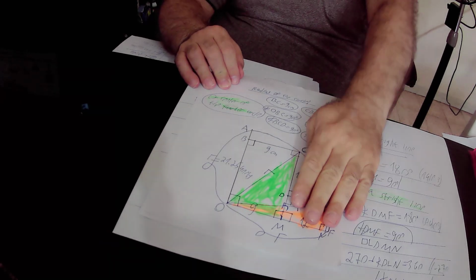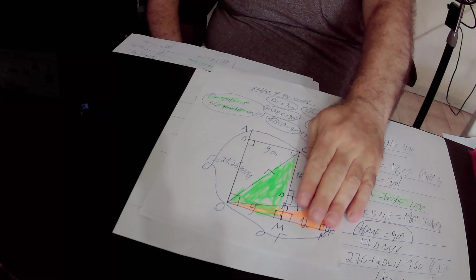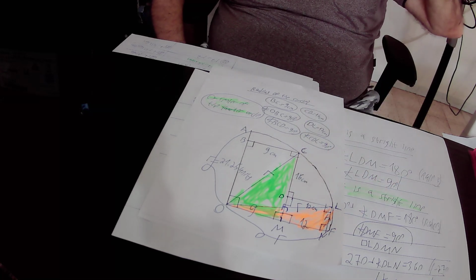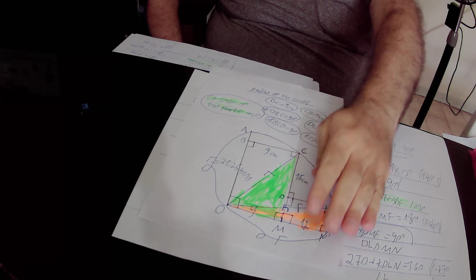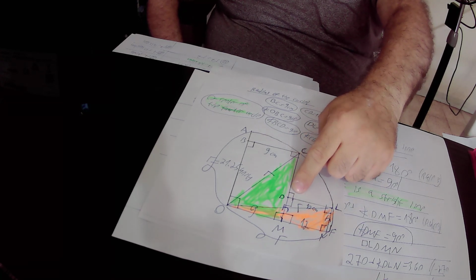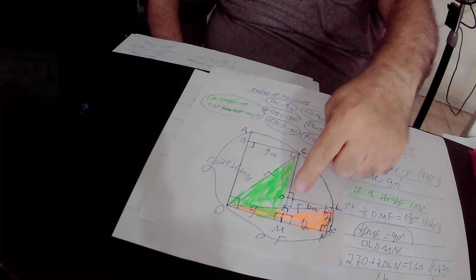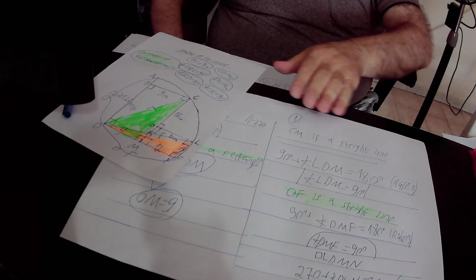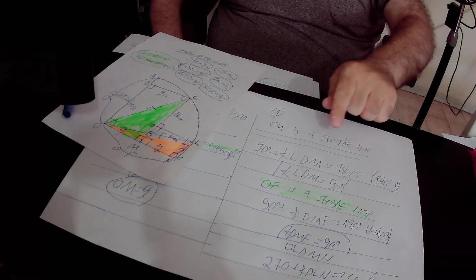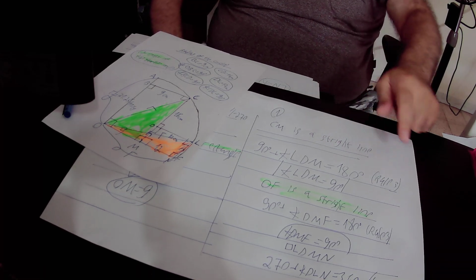So if you focus on this side of the straight line CM at point D, here the sum of the angles must be equal to 180 degrees according to rule number 3. So which angles do we have at this side of CM at point D? We have here 90 degrees plus this angle, that is angle ADM. So here 90 degrees plus angle ADM, in total they must be equal to 180 degrees according to rule number 3.